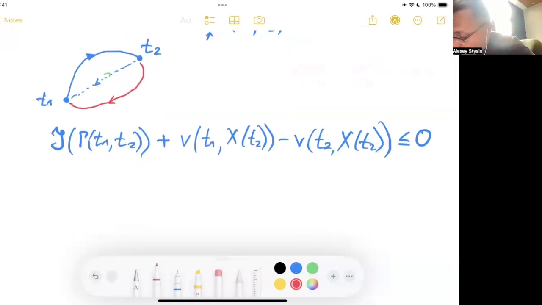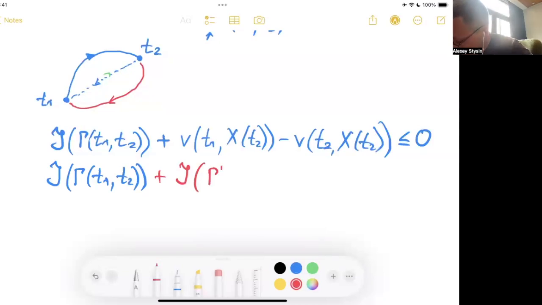Now we know that the integral of gamma t1 to t2 plus the integral using some gamma prime going from t2 to t1 is equal to 0, right?